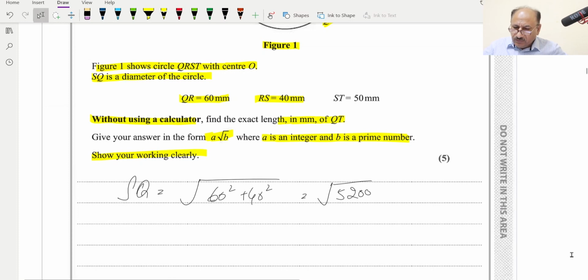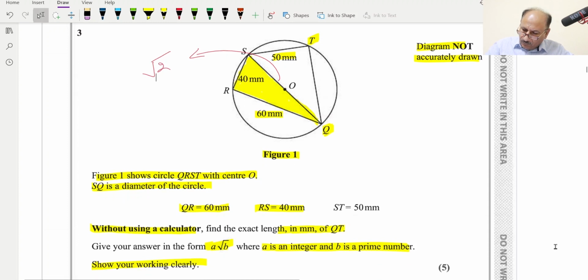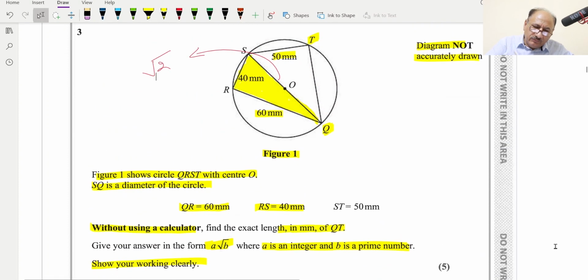We calculated this length, which is under root 5200. This is the length which is under root.